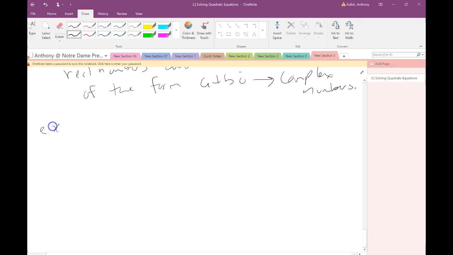So let's just do a couple examples of working with some of these imaginary numbers. So let's say we have 5i squared. Well, we know from our rule of exponents, if we square a product, we just square each factor in that product.